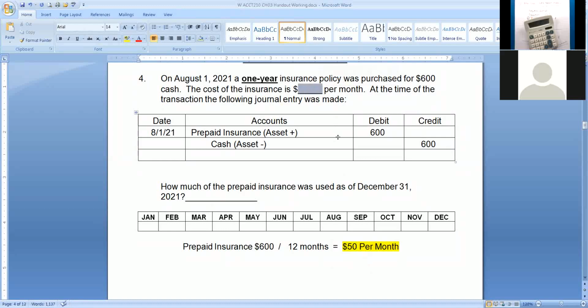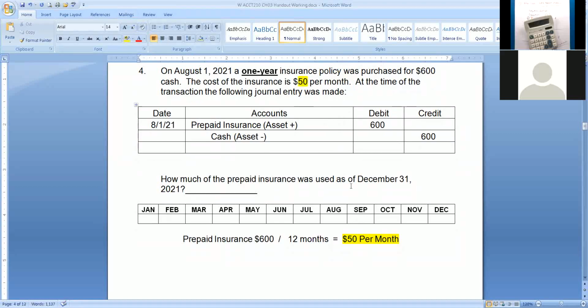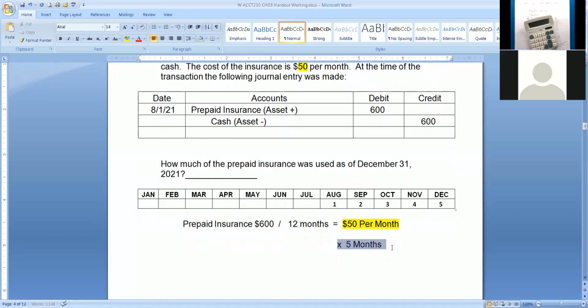And the tricky part, how many months? 5. Yep. And so 250. Insurance is 250.